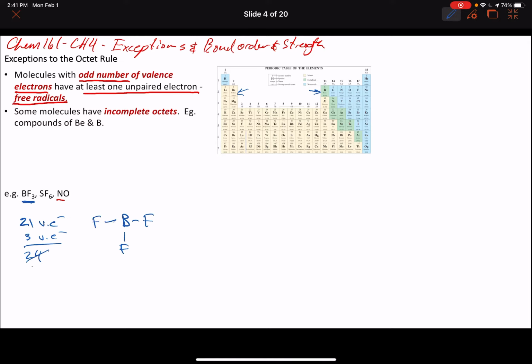Just use 6 valence electrons, 18 remain, 2, 4, 6, 8, 10, 12, 14, 16, 18. And so that completes the valence count for the Lewis structure.